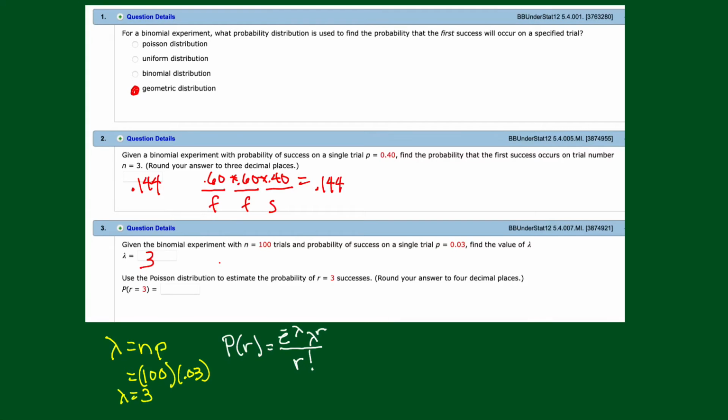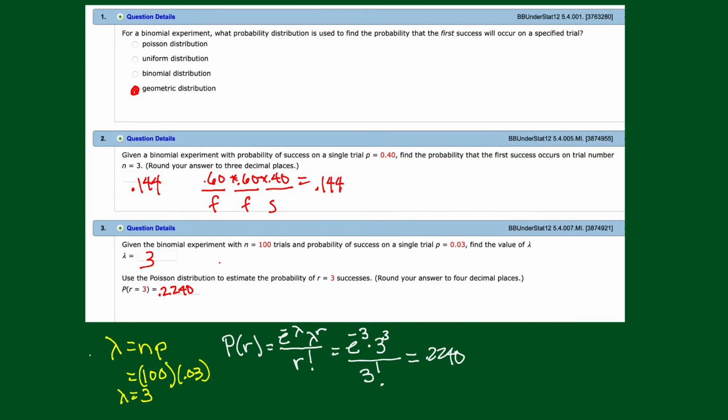By pencil, we have e to the negative 3, times 3 to the 3, for 3 successes, all over 3 factorial. When I computed that, I got 0.224, and we're supposed to round to 4 decimal places, so I'll report 0.2240.